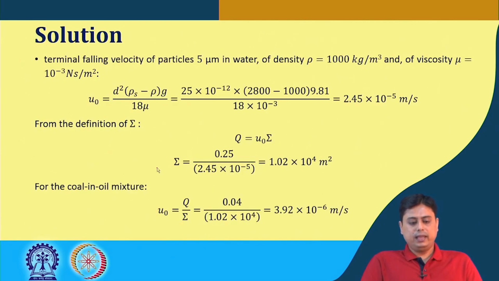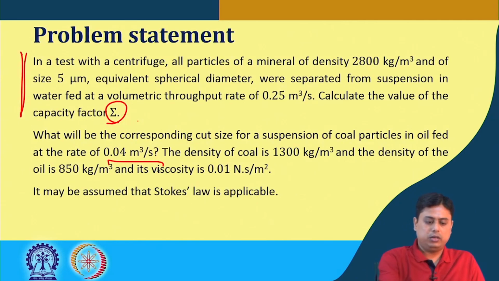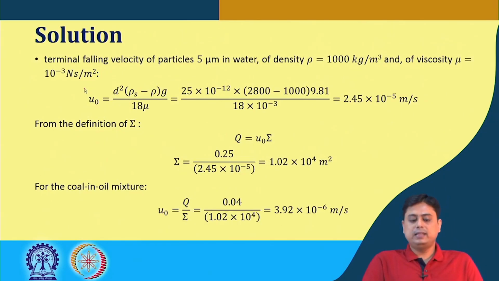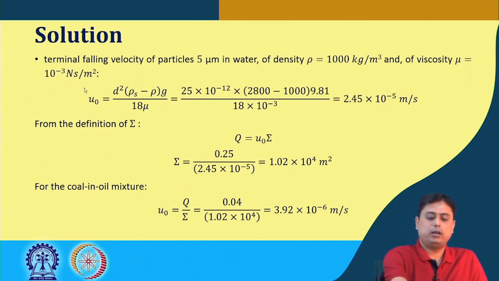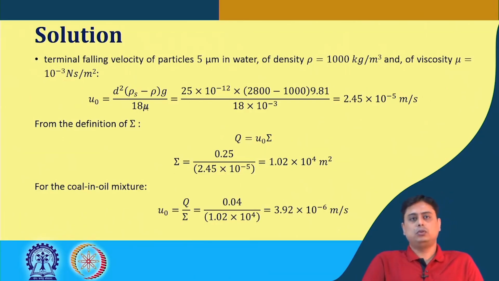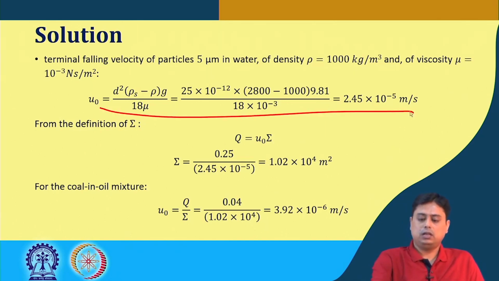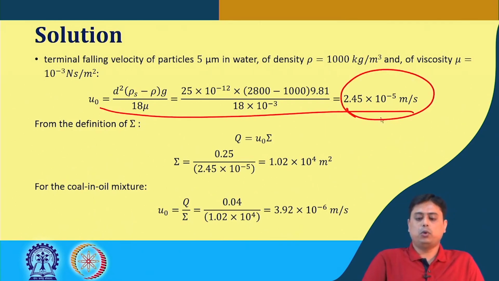So, we quickly see that the terminal velocity of this 5 micron particle, because this is the particle size given for the first part, we can easily calculate: d square into rho s minus rho, multiplied by g, divided by 18 mu. So, this expression gives the particle terminal velocity as 2.45 into 10 to the power minus 5 meter per second.